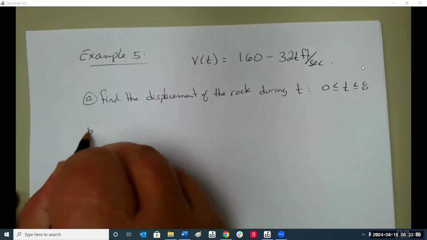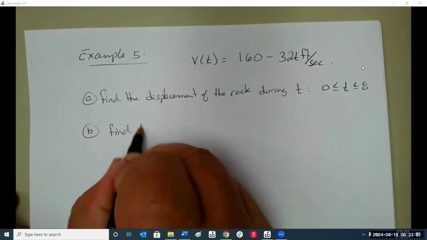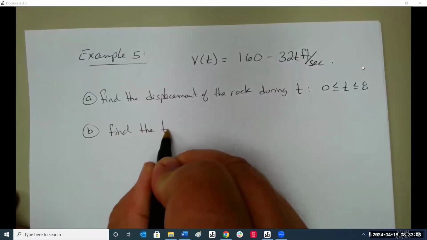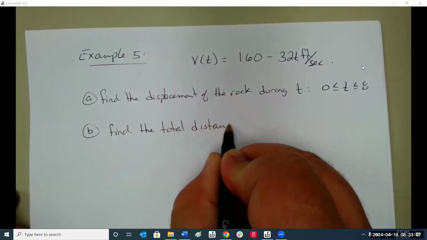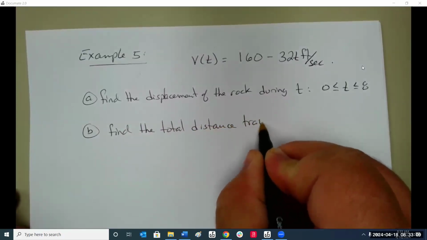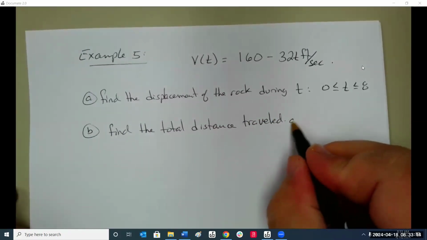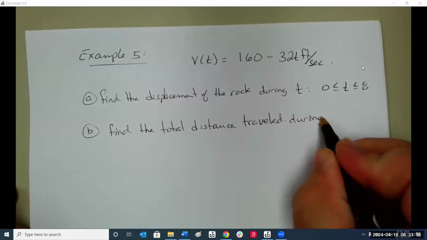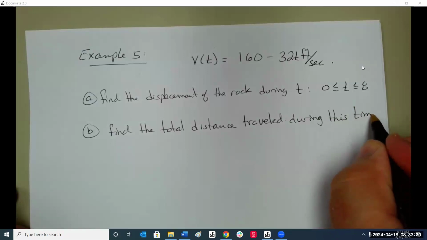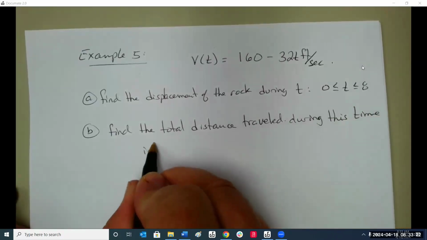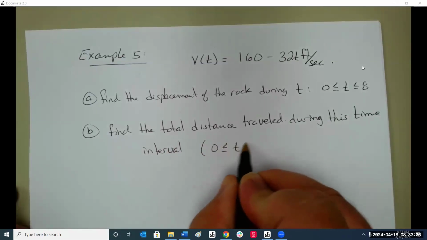And then B: find the total distance traveled during this time interval, from 0 to 8.